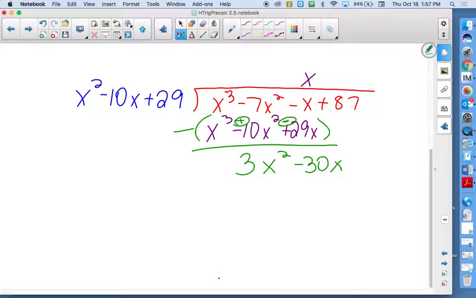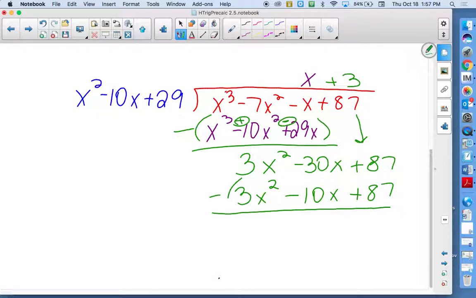And then you bring down everybody in Pittsburgh's favorite number, 87. Divide again. You have an x squared, we need to make it 3x squared. What do you multiply it by? 3. So 3 times x squared, 3 times negative 10x, 3 times 29.